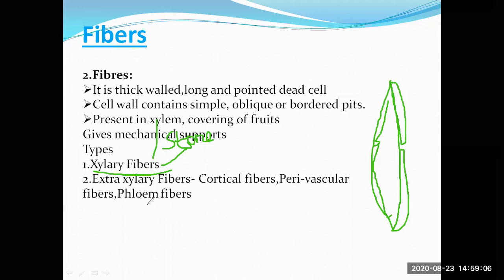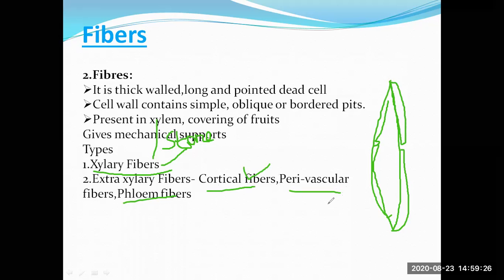If it is phloem, phloem fibers. If it is cortex, cortical fibers. If the fibers are found in the periphery of the vascular cylinder, those are perivascular fibers. It depends just on where they are located.